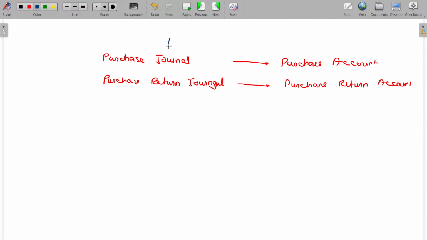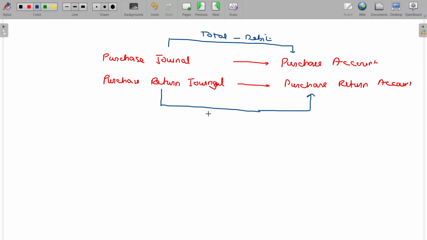The total of the purchase journal will go to which side? The debit side of the purchase account, as this is an expense, so it's a debit. In case of the return journal, you have to reverse this. The total of purchase return will go to the credit side of the purchase return account.